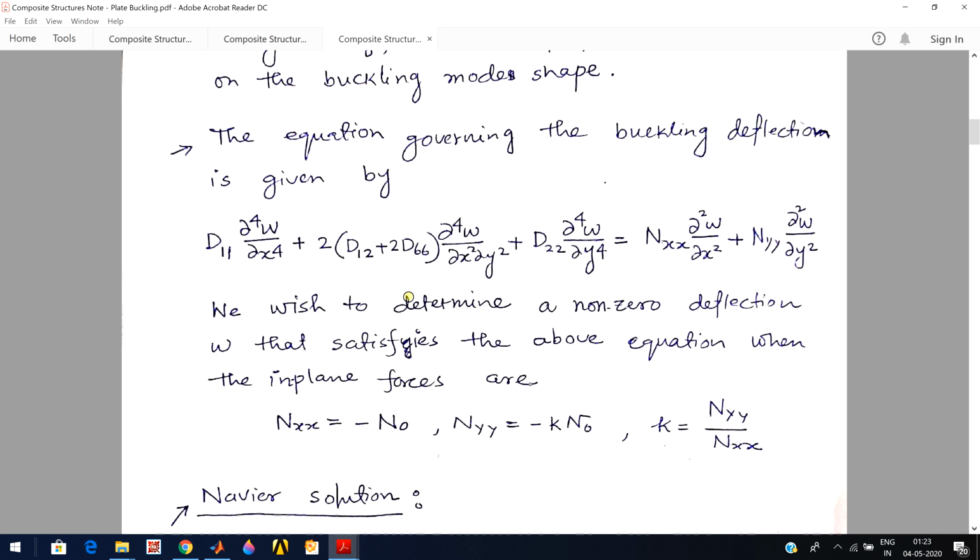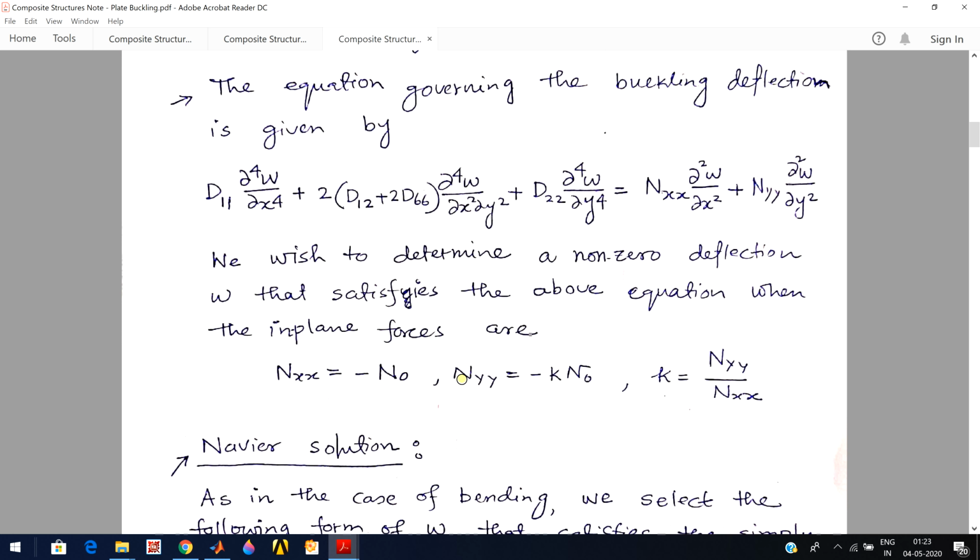Now, we'll try to see how we can solve for this case of buckling failure or buckling load prediction. So for that, we'll take these two loads as related by this. So let us say nxx is some n0 and then nyy will be k times n0.